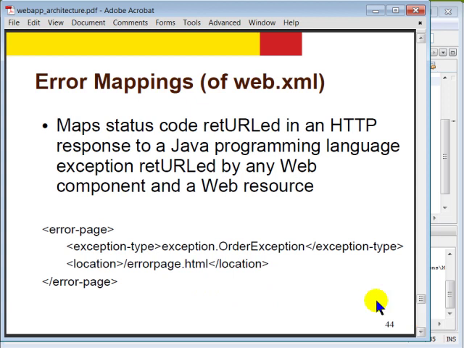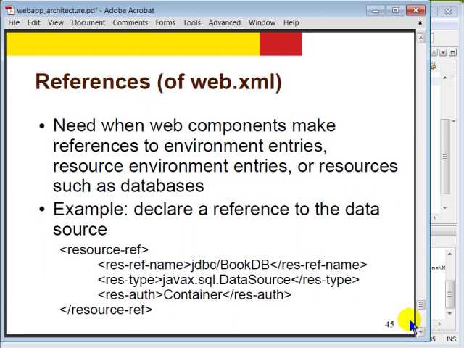Error message: if there is an order exception in your web application, this error page.html file will be displayed. This is the response page for this particular exception. References are something we are going to talk about later in a bit more detail.